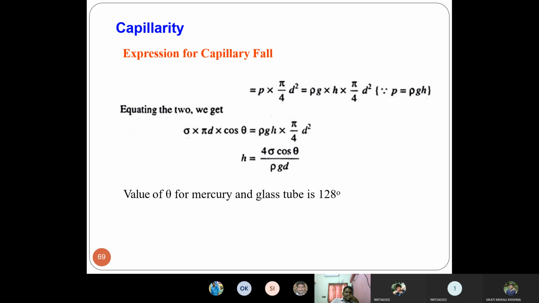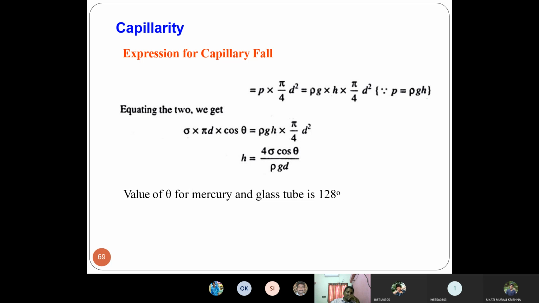Understand? So from this we can write the expression for capillary fall or capillary depression: 4 sigma cos theta by rho g d. If you observe, we got the same expressions. For capillary rise also we got 4 sigma cos theta by rho g d.